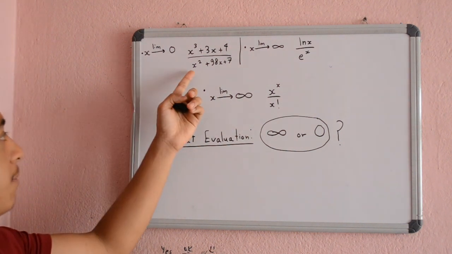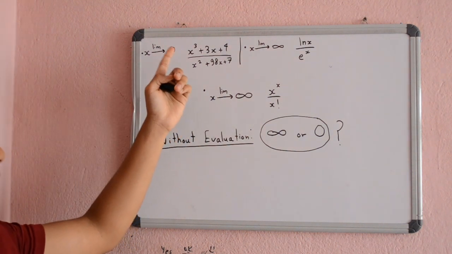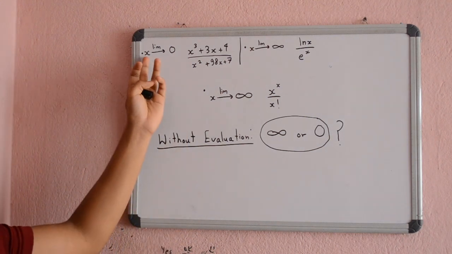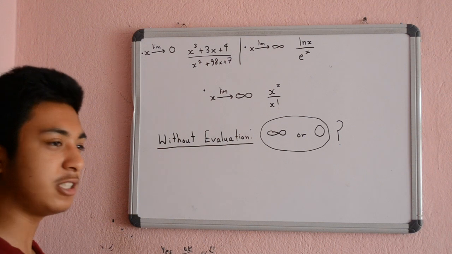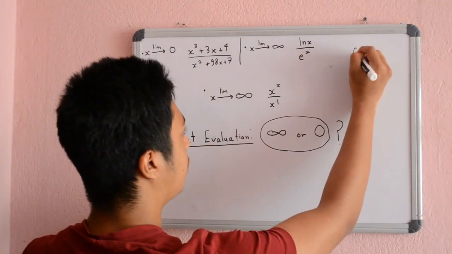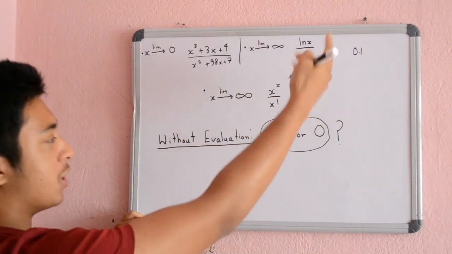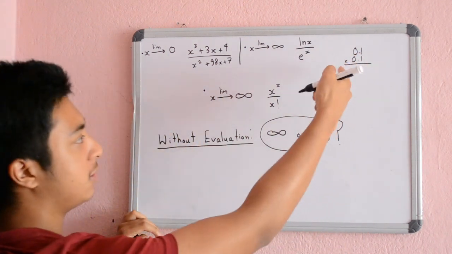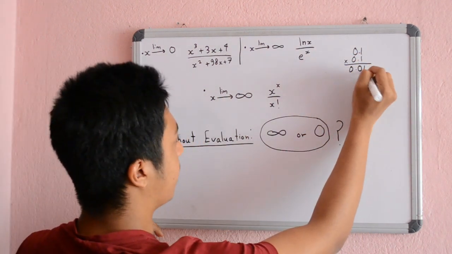So for the first limit, you have to see here that x cubed is much smaller than x squared, and here x tends to 0. So let's just put in a number. Let's say 0.1. When you square that, you multiply it by itself, and this is just 0.01.